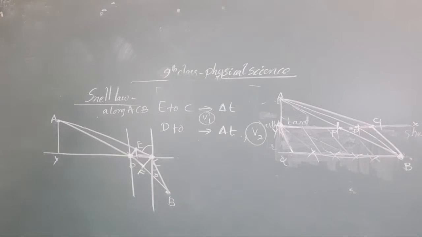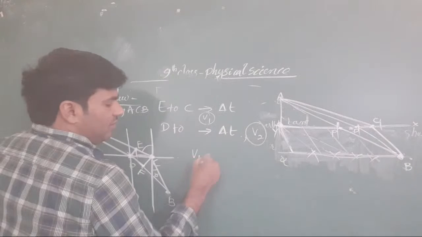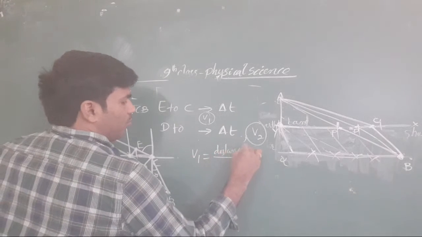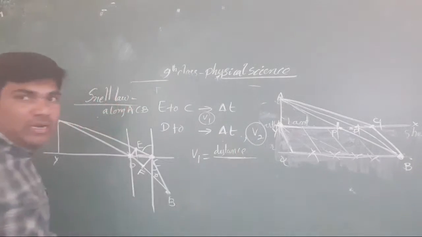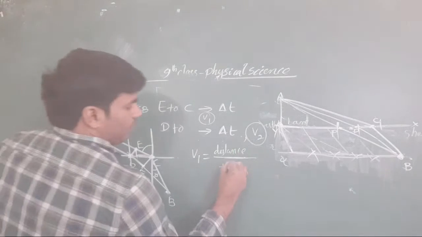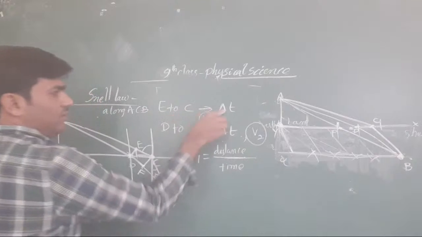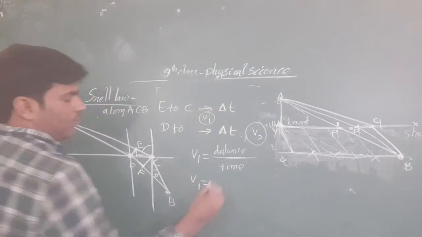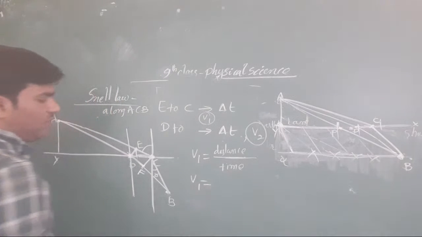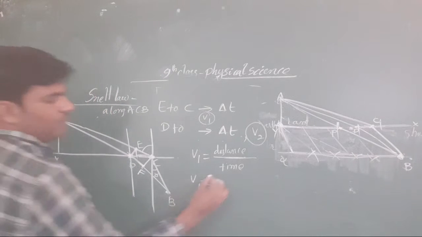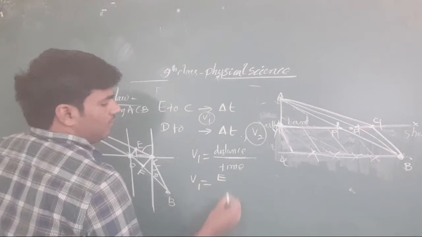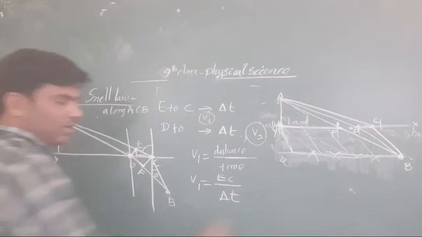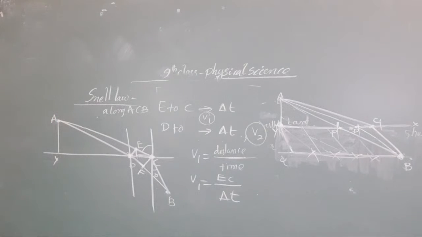Here you know very well, velocity is equal to distance by time. V1 velocity is written as EC by del T. Written or not, everyone?